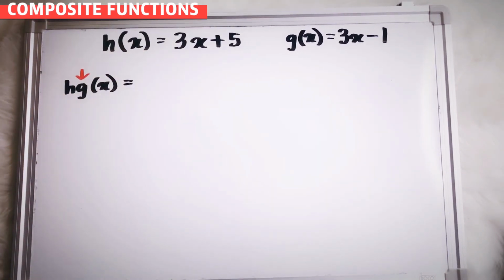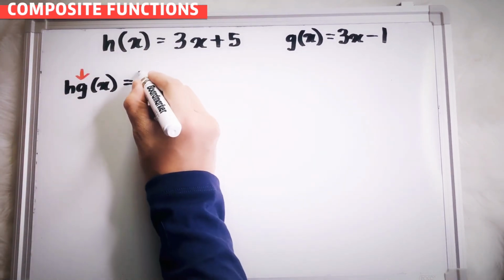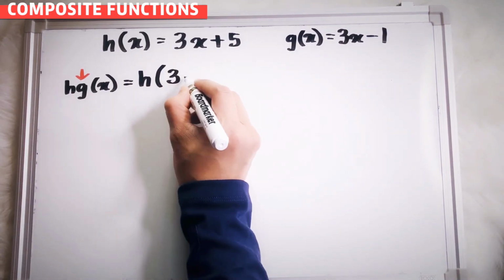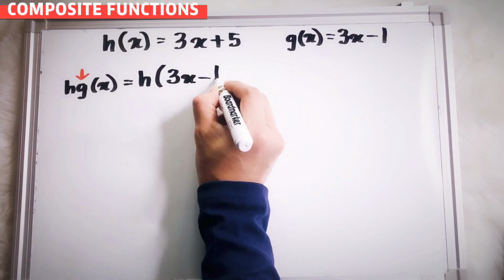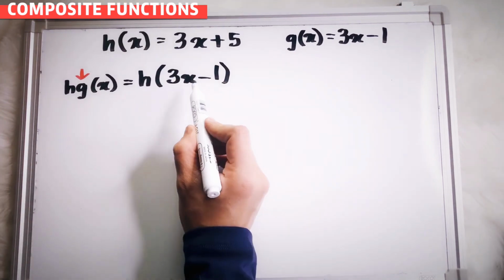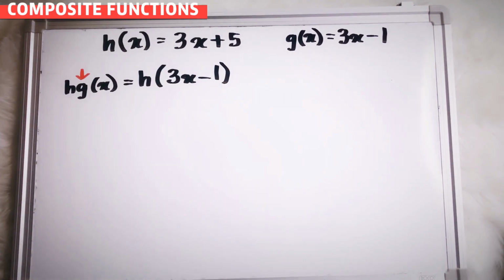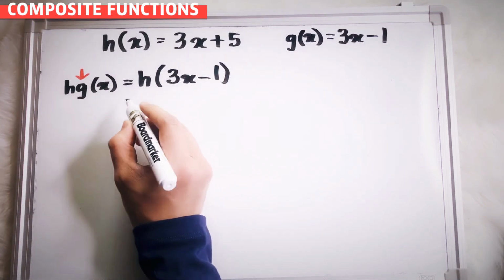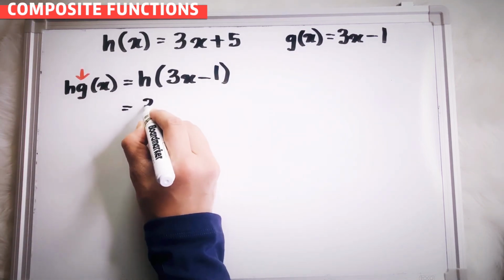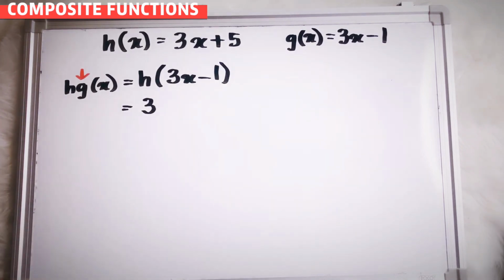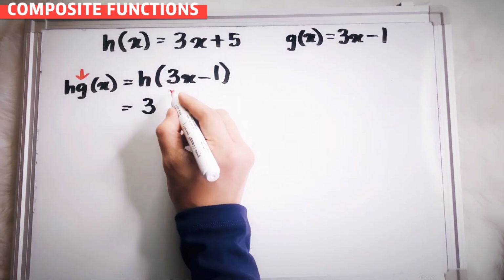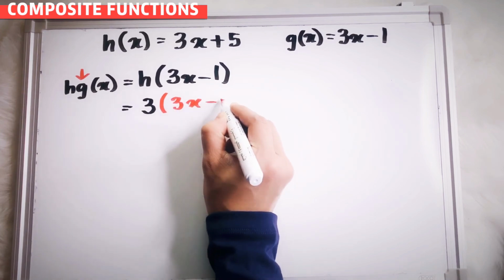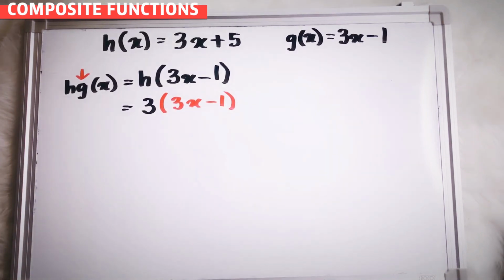Okay, put your h. Now your g function is 3x minus 1. So this is our new x. Okay, so what is our h function? H function is 3x plus 5. So where x is, you put 3x minus 1. See?